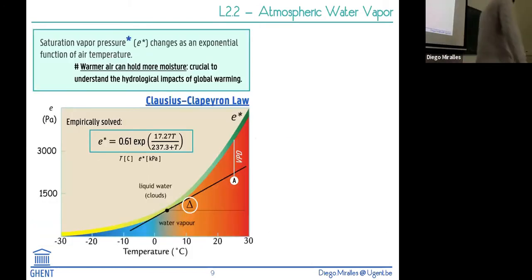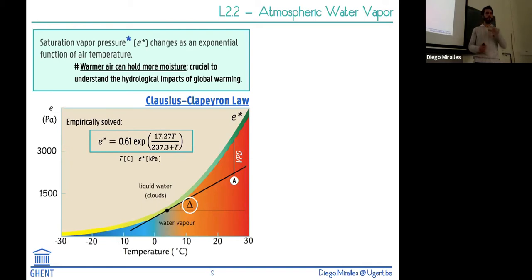Now, that is the water vapor pressure. Now you can think of a certain pressure that the air can take before it saturates. If you add a lot of vapor to the atmosphere, at some point it saturates and it starts forming droplets, so liquid water, right? You can saturate the air. That point of saturation, the vapor pressure of saturation, is called E star.